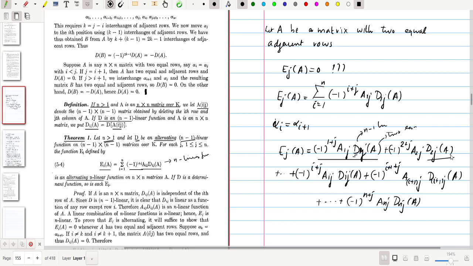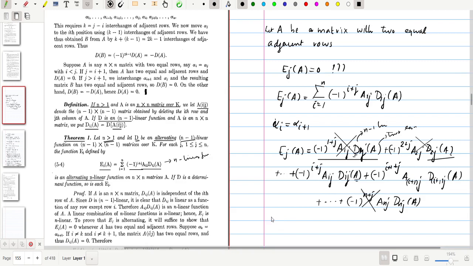That is, d_2j of A will be 0. Similarly, all the terms will be 0 for this reason, except for the ith row and (i plus 1)th row. When you remove the ith row, we cannot expect the matrix to still have both equal rows, so we never expect these two terms to be 0. The rest of the terms are all 0.